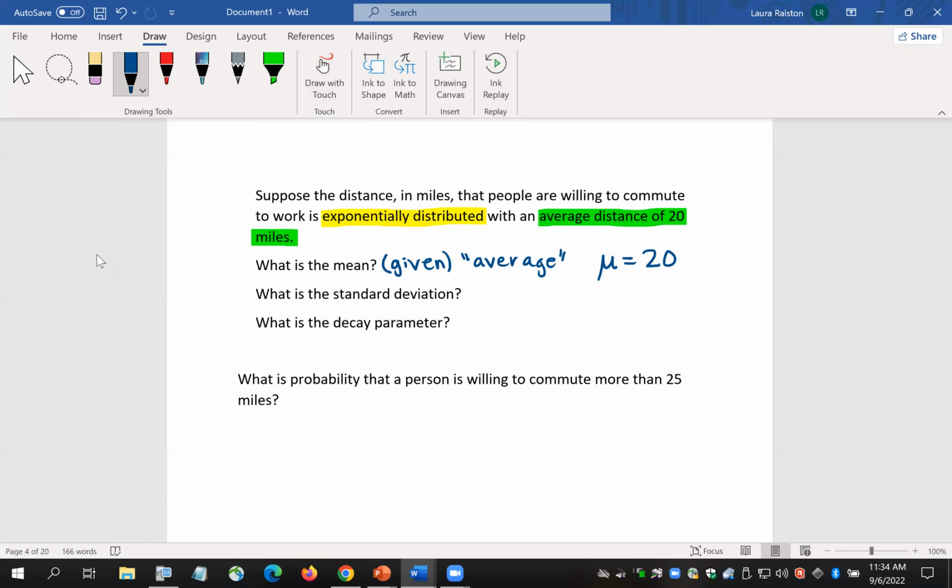The standard deviation is actually also given to you because for the exponential, the mean is equal to the standard deviation. So the standard deviation for this problem is also 20. The decay parameter is 1 divided by the mean. So in this case, that would be 1 divided by 20. I'm going to convert that to a decimal for easier use. 1 divided by 20 is 0.05.